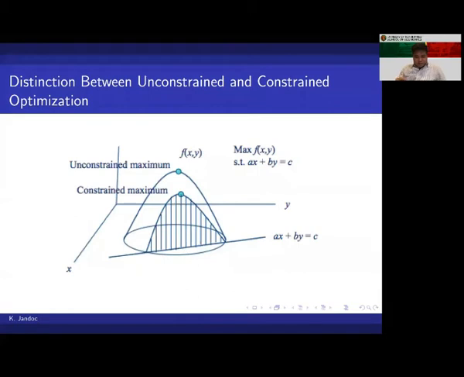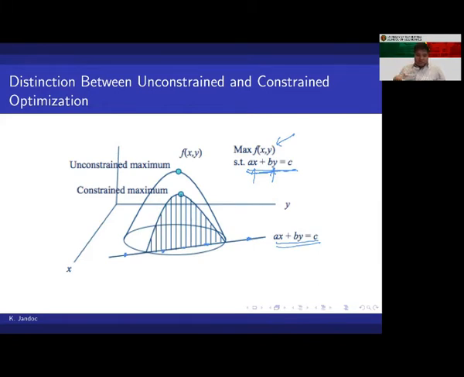So now in contrast with the previous slide, here we will maximize the function subject to a constraint. And the constraint says that I will find points x and y such that ax plus by equals c. And this is the line where every point in this line is such that ax plus by, these are combinations of x and y such that ax plus by equals a number or a constant.